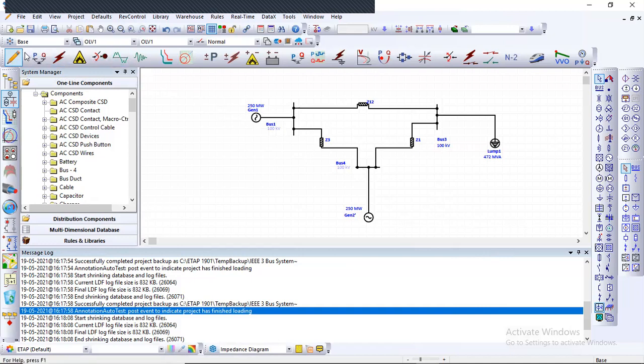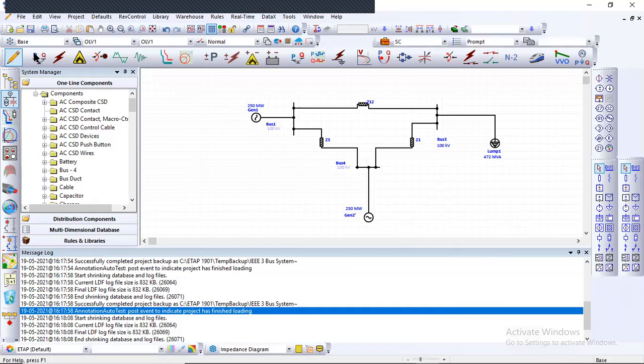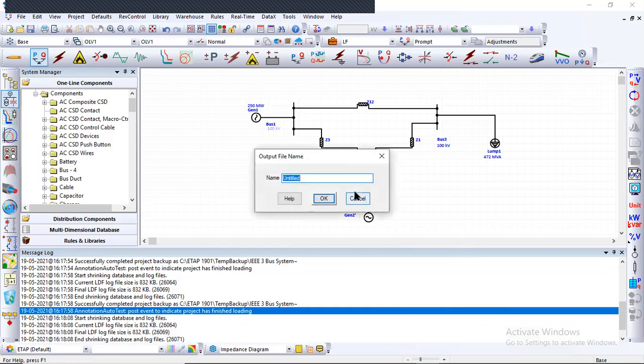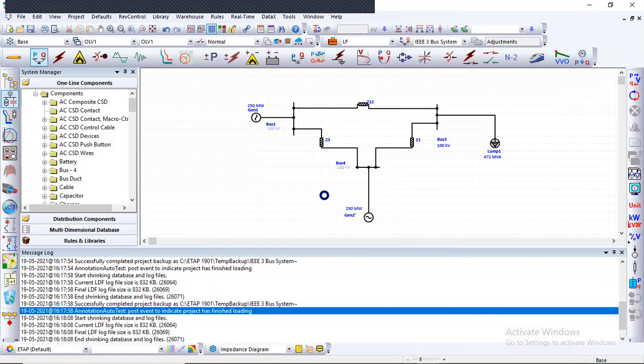Now moving towards the load flow analysis, click the load flow analysis button, and the tool would move to the load flow analysis. Run that load flow analysis, and we need to rename the file, that would be IEEE bus system, and then OK. Let it create the directory of load flow analysis of this IEEE bus system.